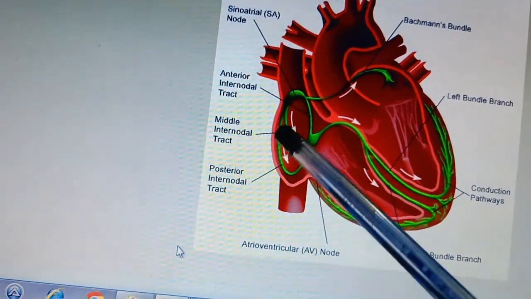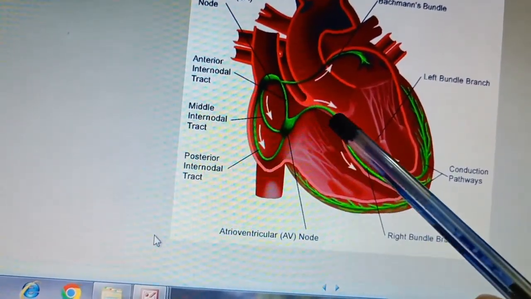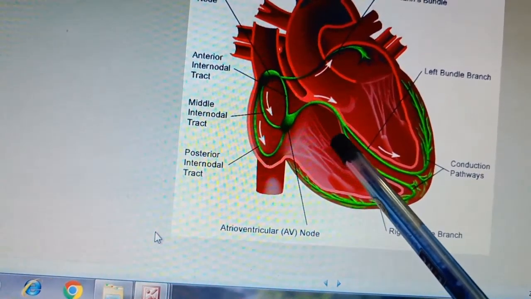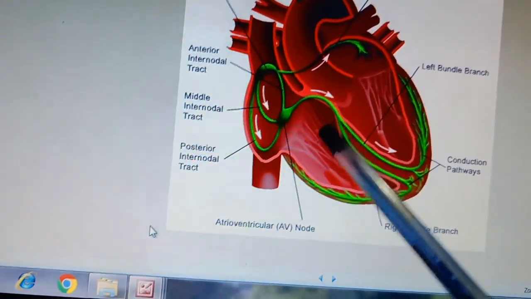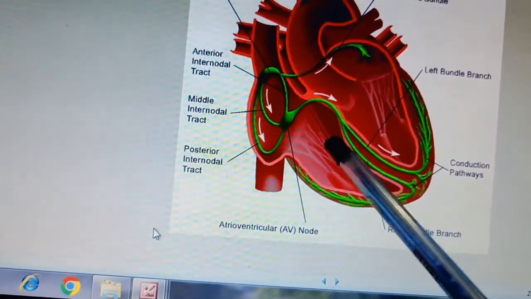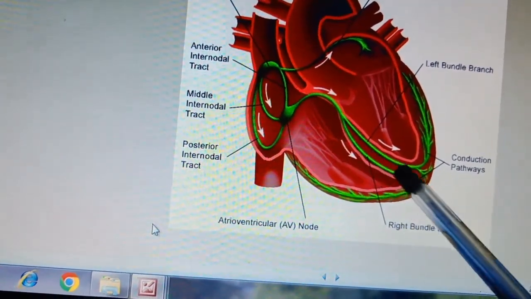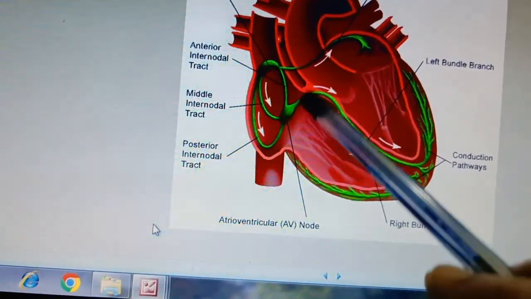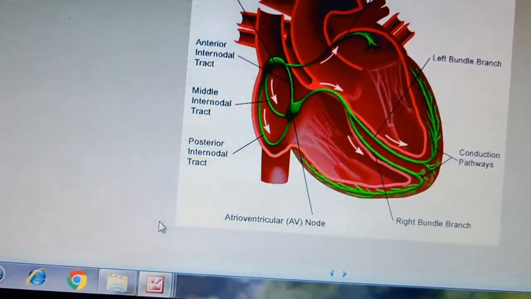If the impulse proceeds from here and reaches up to this level, and under the effect of the etiology already stated, right bundle branch block occurs. It means the impulse is not passing through this right bundle branch.